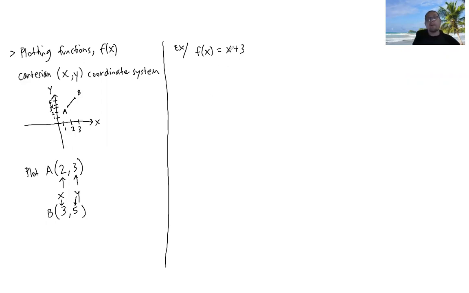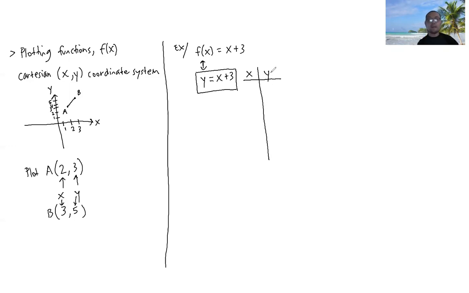Remember, when you see a function given to you like this, f of x can be written as y, and the rest of that can just be copied down. So again, these two are equivalent. The reason I wanted to switch f of x to y is because when you have your function in this form, you can use this neat little table to create your coordinate points that you're going to use to plot.